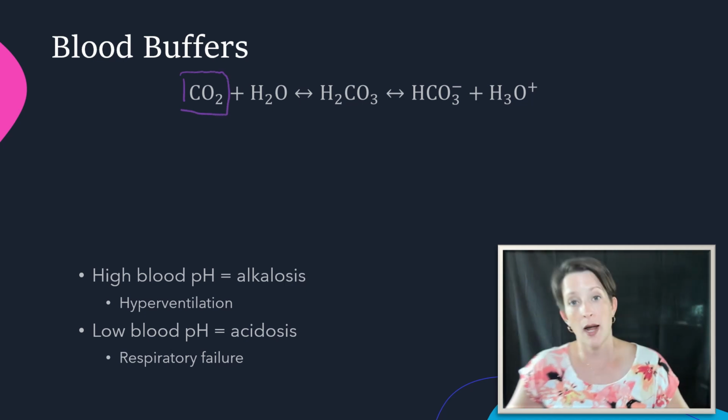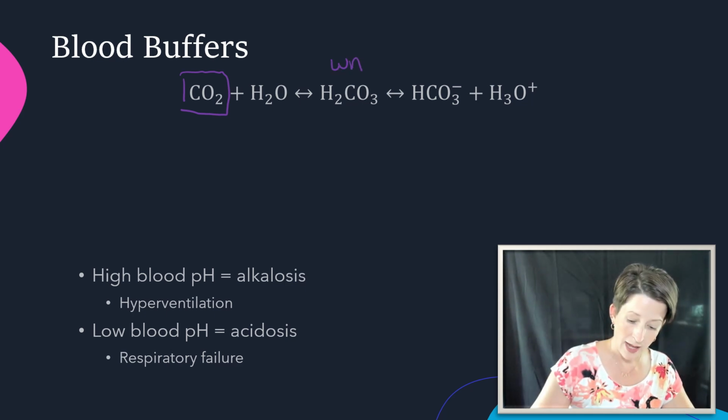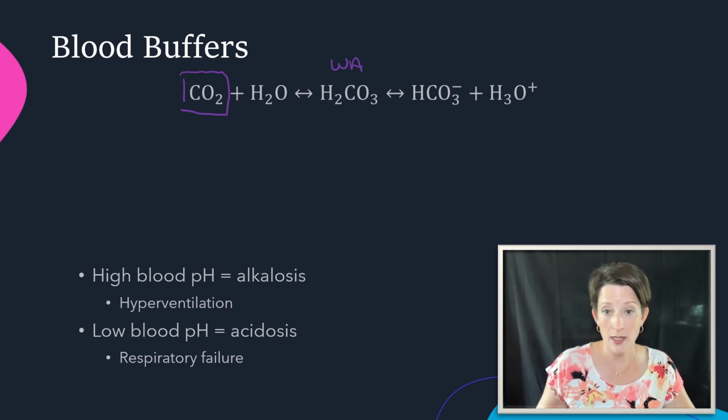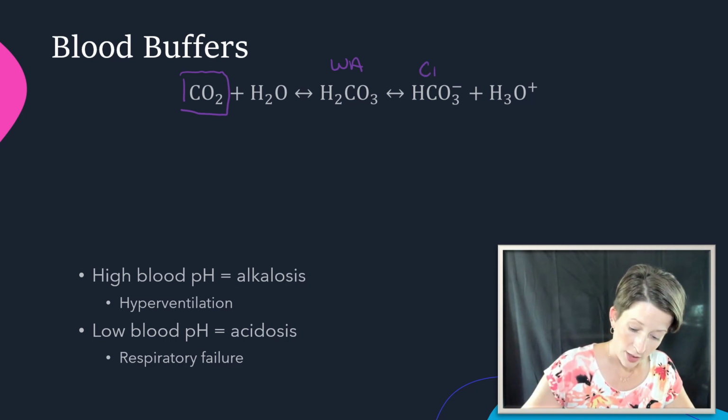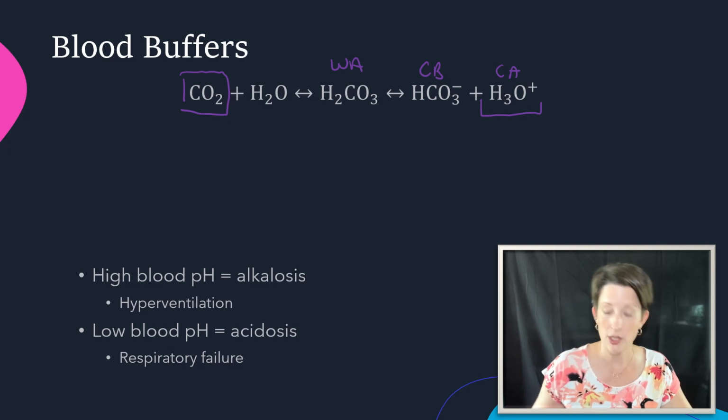When CO2 interacts with water, it actually creates a weak acid, carbonic acid. Weak acids can partially dissociate into their conjugate base and acid. So we can monitor the pH of our system by how much of this acid is present within our system.